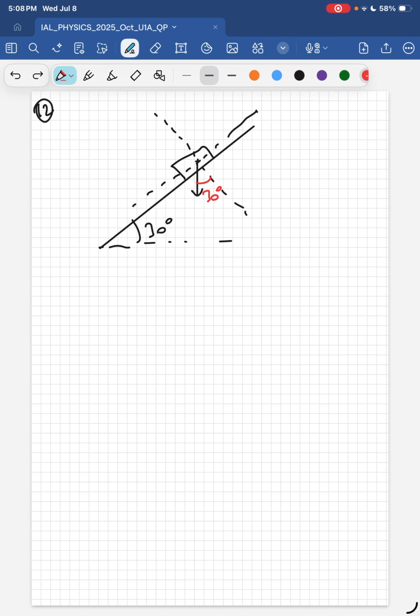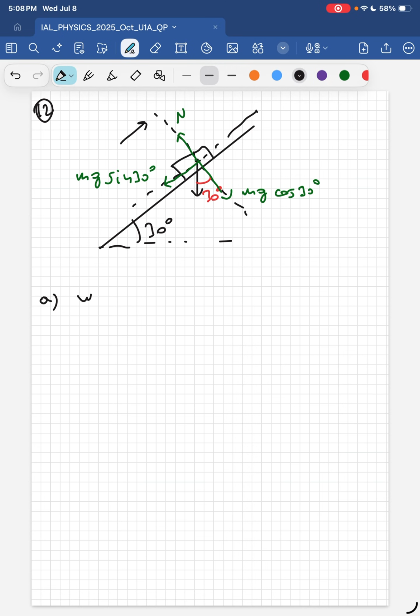So let's analyze the weight. There is a component of the weight, mg sine 30, parallel to the incline, and a component, mg cosine 30, that we don't care about much. And if you want to be precise, there is also the reaction from the incline. So let's find the work done.